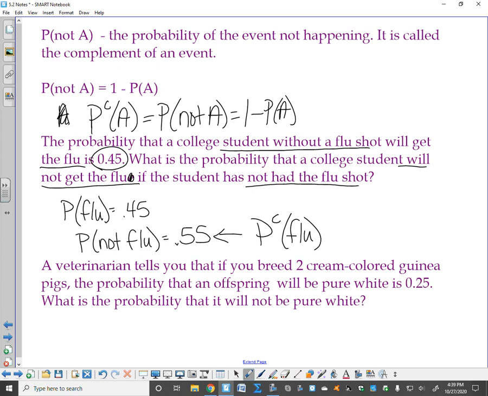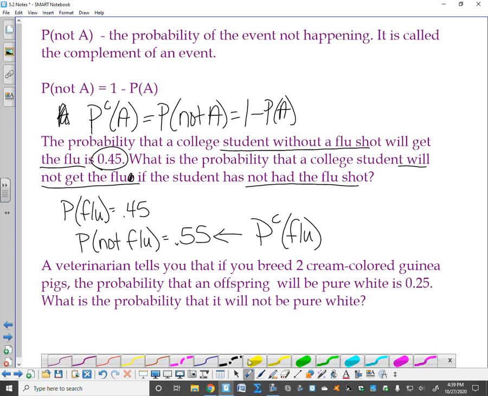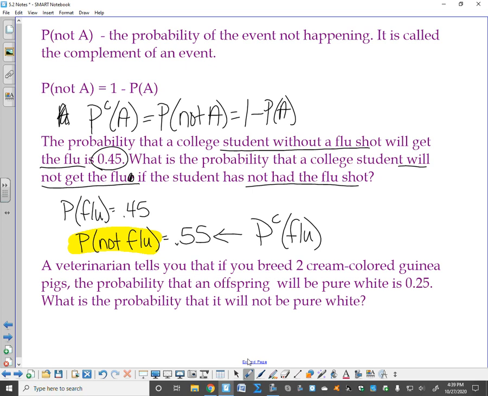That's the not part of it. So this and this problem are saying the same thing.